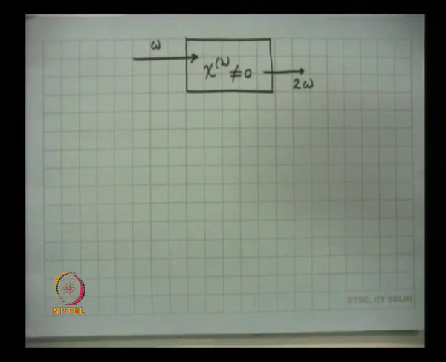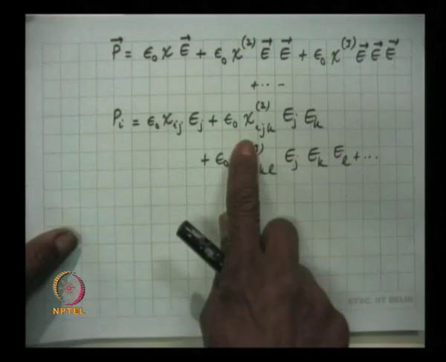Now, to keep the mathematics simple and to understand the physics, we will assume a scalar equation, a scalar analysis in the beginning, discuss the generation efficiencies and so on, and then I will come back and look at this equation a little more carefully.